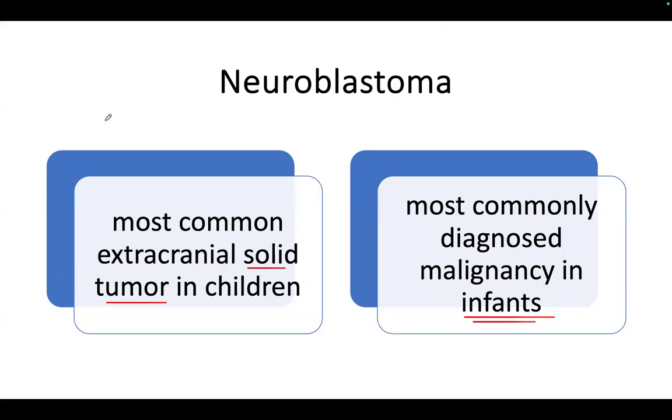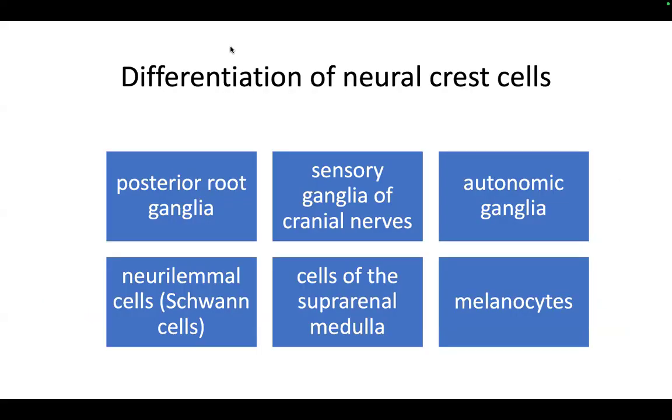Now, going back to the neuroblastoma, this is why I showed you that figure of the neural crest cells. This is actually lifted verbatim from Clinically Oriented Anatomy by Moore. These are the structures which differentiate from the neural crest cells: the posterior root ganglia, the sensory ganglia, the autonomic ganglia, the Schwann cells, and the cells of the suprarenal medulla and the melanocytes.